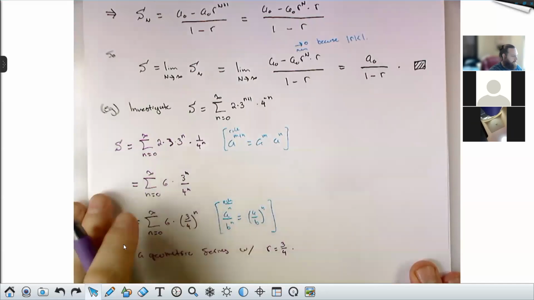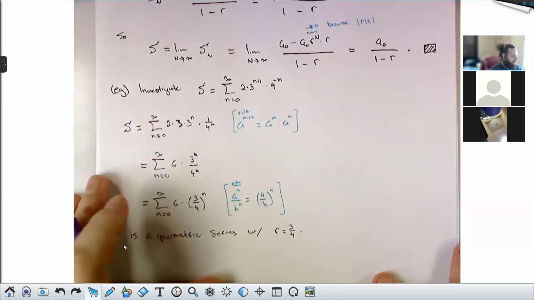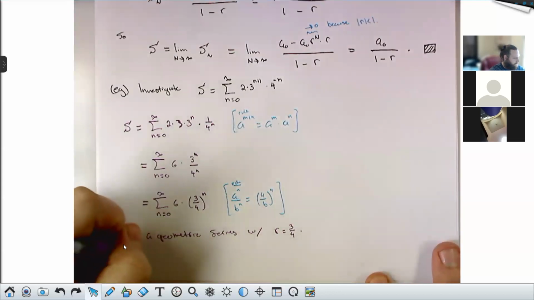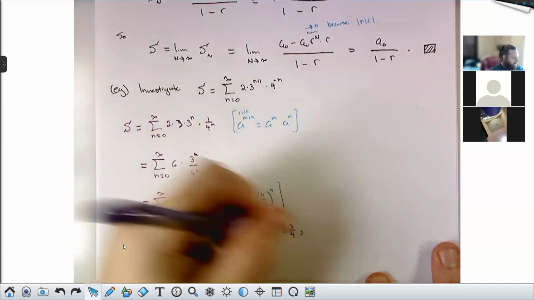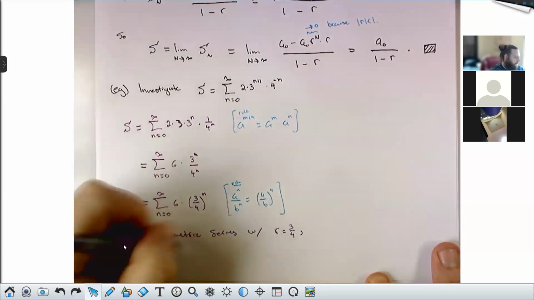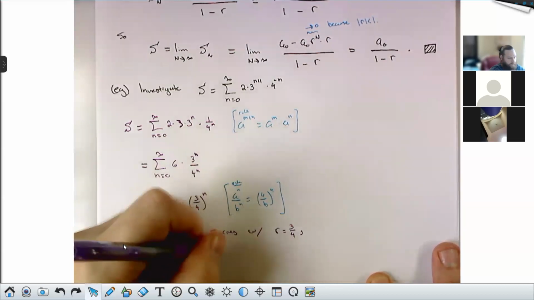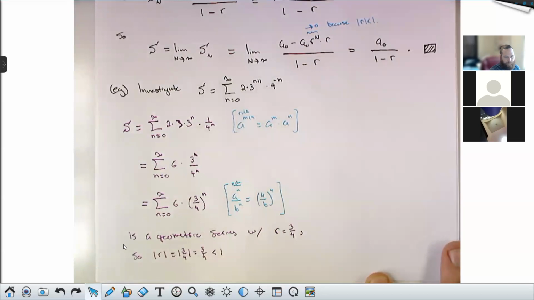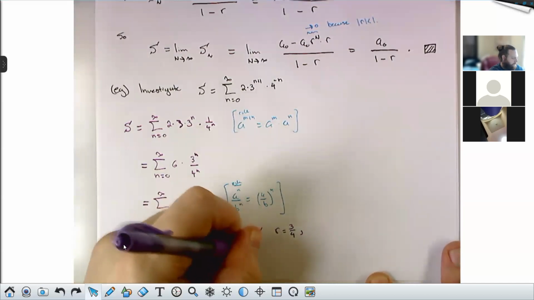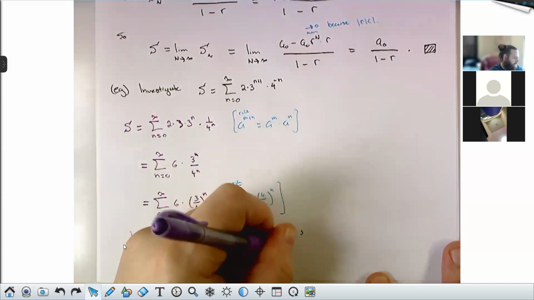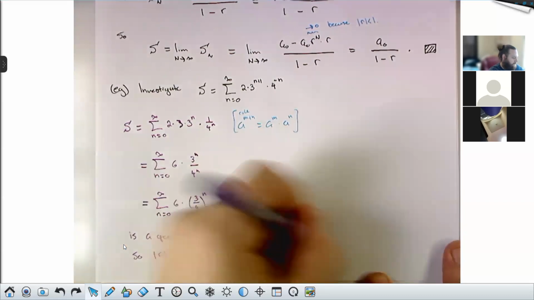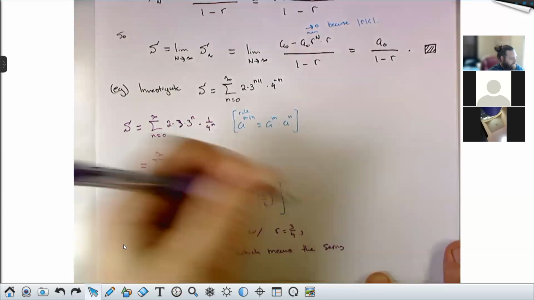And my theorem says if the absolute value of r is less than 1, so the absolute value of 3/4 is 3/4, which is less than 1, which means the series converges.